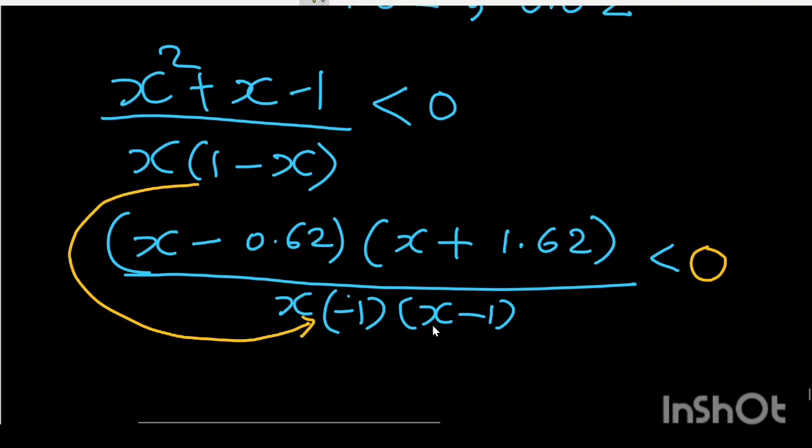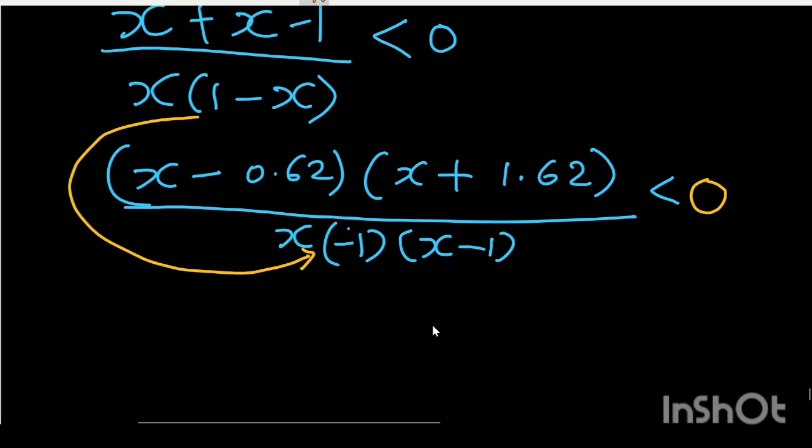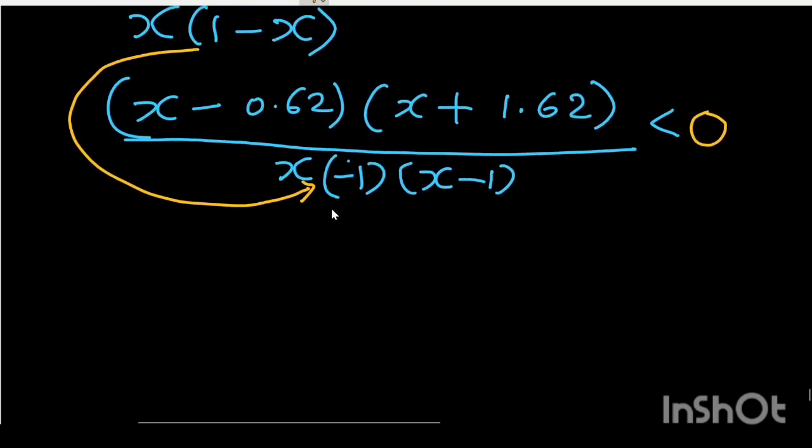So for the wavy curve, we have to ensure the coefficient of x to be positive. That's why I took minus 1 here.